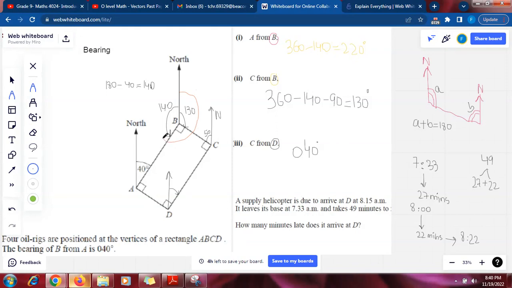This complete angle is basically one complete rotation, or you can say one revolution. This complete angle is equal to 360 degrees, and since I know this 140 and 90, when I subtract this 140 and 90 from 360, I will be able to get this angle, which is coming out as 130 degrees.